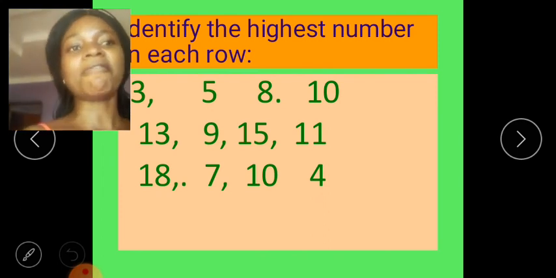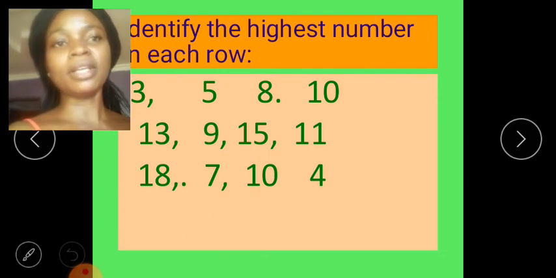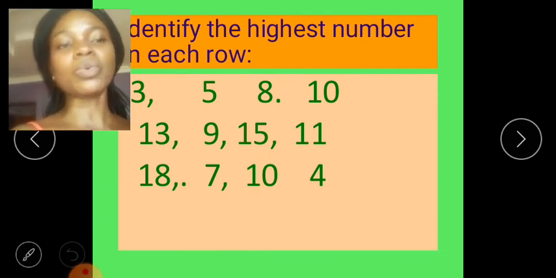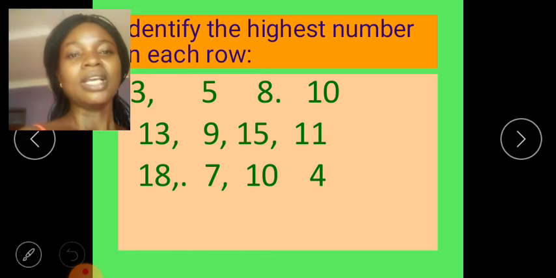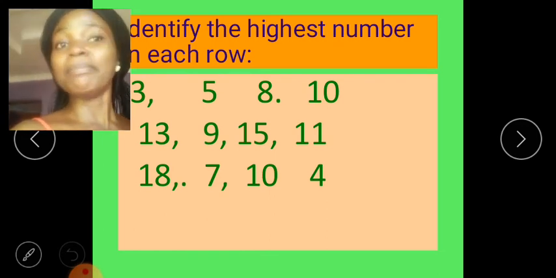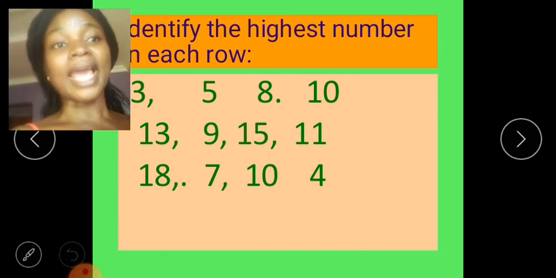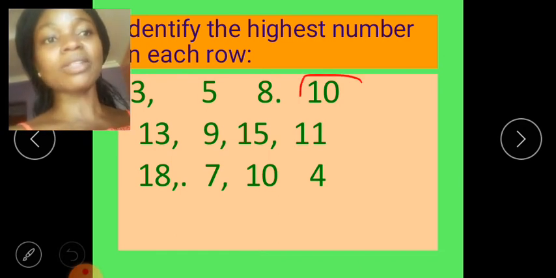Now let's identify the highest number in each row. Here we have 3, 5, 8, 10. If you keep counting, 1, 2, 3, and we're looking at the highest, that means the biggest. 1, 2, 3, 4, 5, 6, 7, 8, 9, 10. 10 is the highest number here.